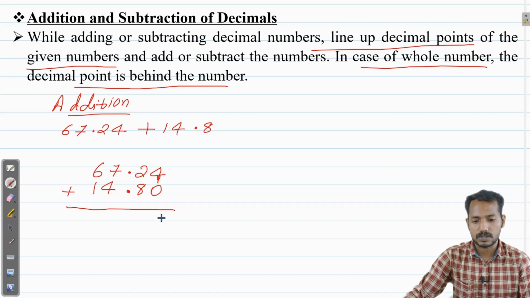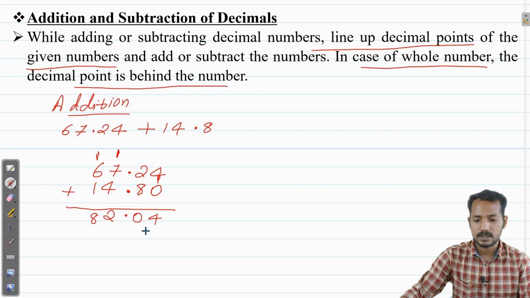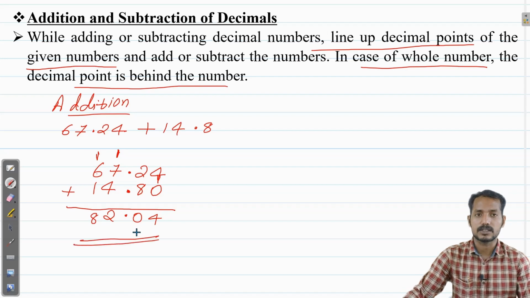What do we get? 4 plus 0 is 4. 2 plus 8 is equal to 10, 1 is carried. And the decimal point comes here along the same line. Keep that. And 1 plus 7 is equal to 8. 8 plus 4 is equal to 12. Again 1 is carried. 1 plus 6 is equal to 7. 7 plus 1 is equal to 8. So 82.04, this is the answer.